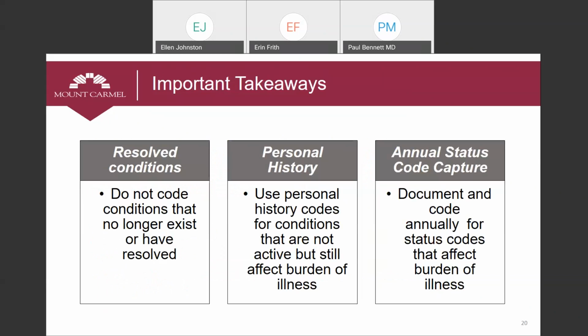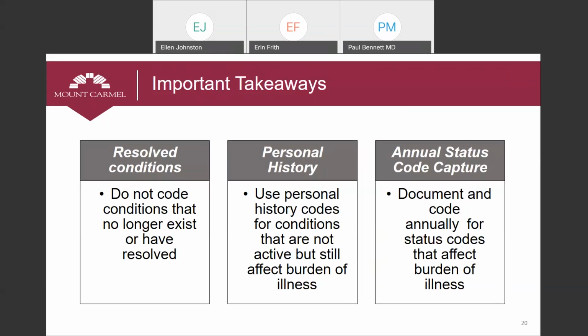We have 3 important takeaways from today's content. Number 1, resolved conditions. When a condition is resolved, note that the condition has resolved in the medical record and do not use an active diagnosis code for this condition. Personal history.